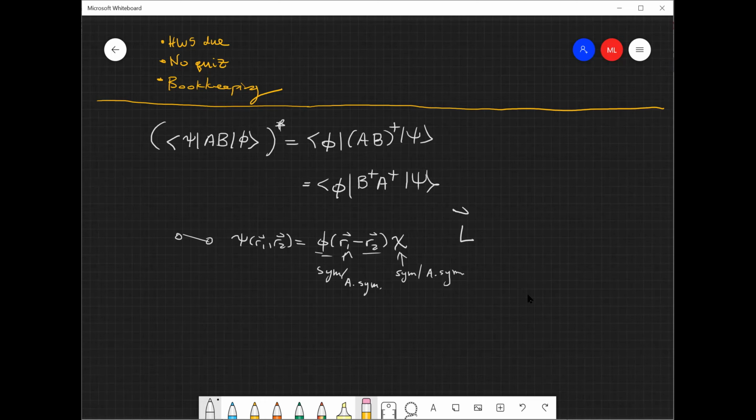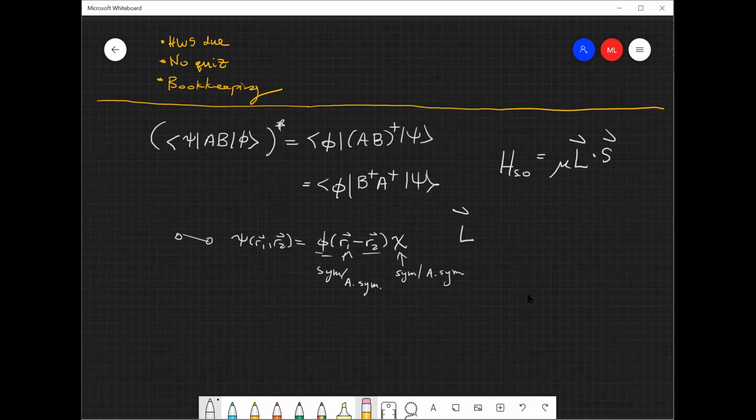Sometimes in your Hamiltonian there's a term that includes coupling between the orbital angular momentum and the spin. And that's actually quite important for chemistry, because electrons in atoms will typically have an interaction between their orbital angular momentum and their spin.